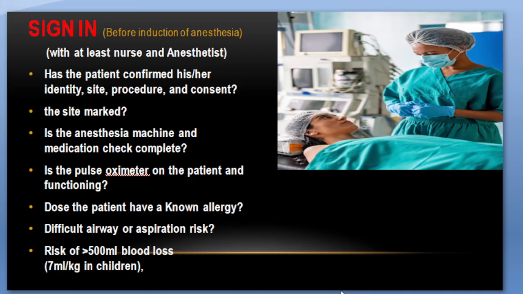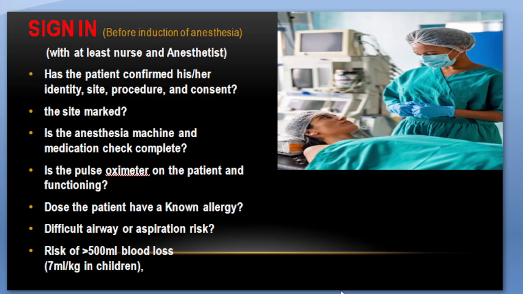Then the next thing is difficult airway and risk of aspiration. We have to ask the anesthetist regarding the patient's condition, that is difficulty in airway and aspiration risk. Difficult airway occurs in particular diseases like respiratory disorders, or due to the surgical procedure there is a chance of aspiration.